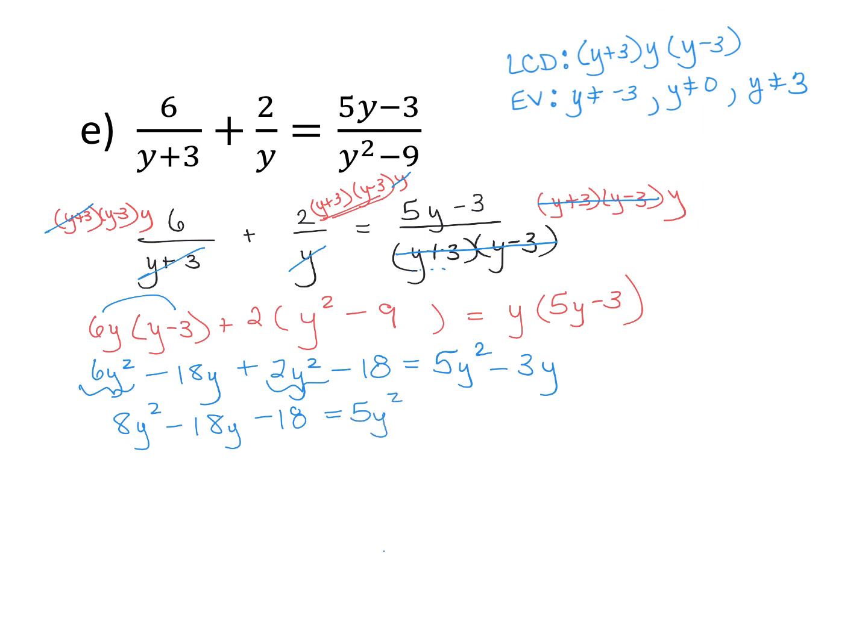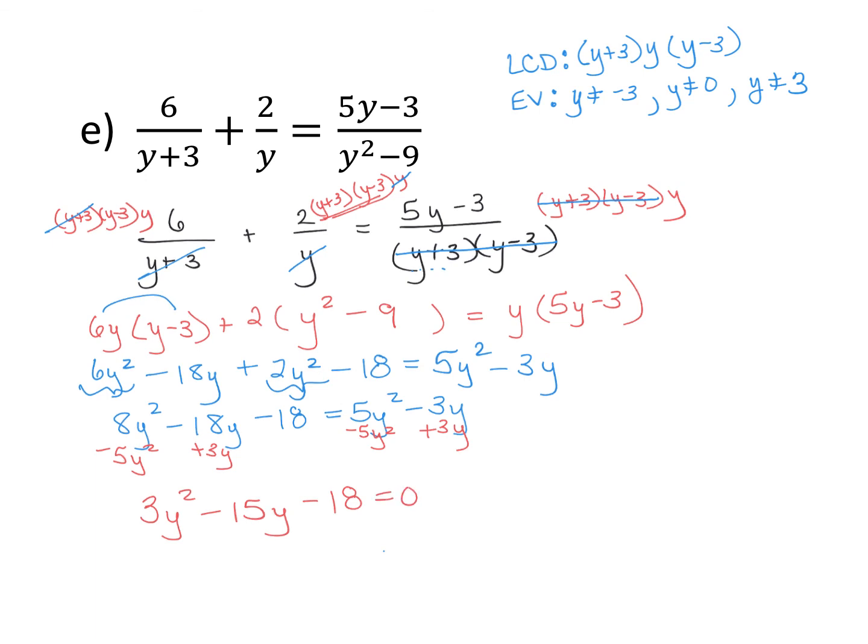And then I notice that I have a quadratic, so I am going to subtract the 5y squared and add the 3y. And I'll get 3y squared minus 15y minus 18 equals 0.